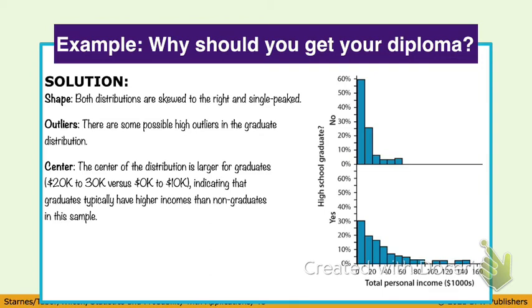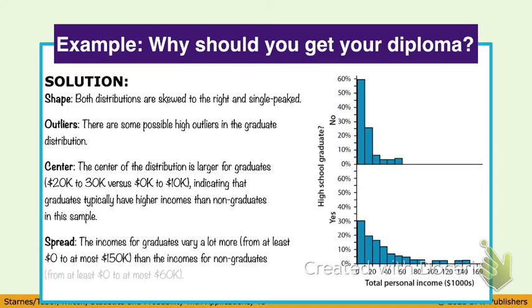So the yes would have a slightly higher center than the no. For the no, about 50% of the data is in that first little section, so the center is in that first section. For the yes, we would have to go to the second section to get to 50%. So the yes has a higher center than the no. And then the spread, it's very obvious: the yes has a wider spread than the no.